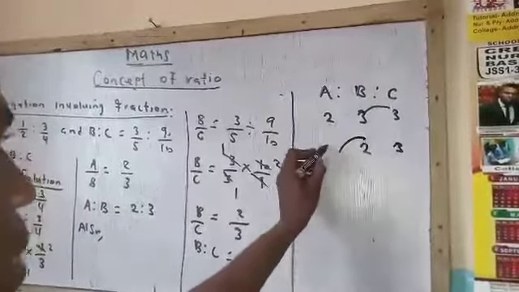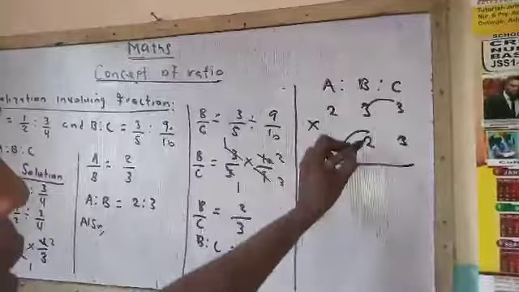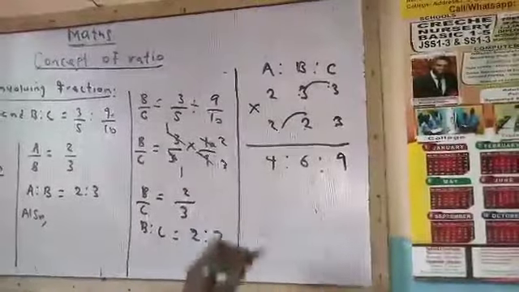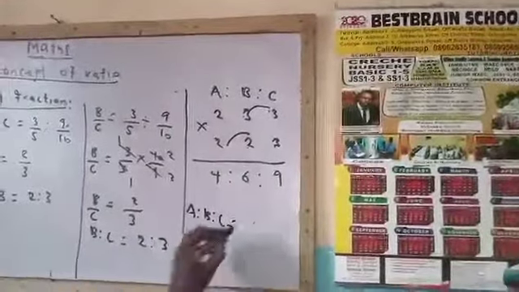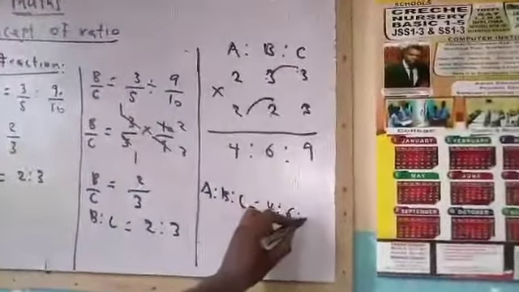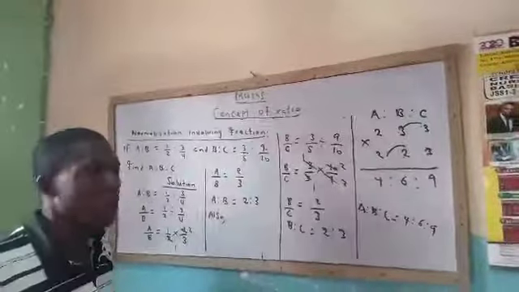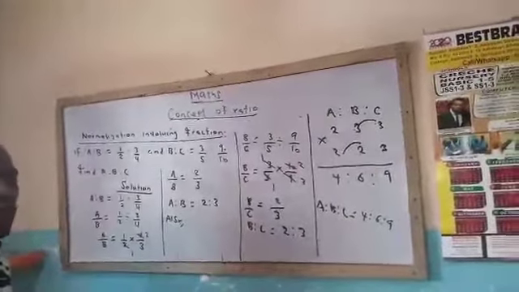You move here. What do we have? 2. Multiply straight. 2 times 2, 4. 2 times 3, 6. 3 times 3, 9. So finally, my A ratio B ratio C is giving us 4 ratio 6 ratio 9. So you can either apply this method or the other method to get your answer.